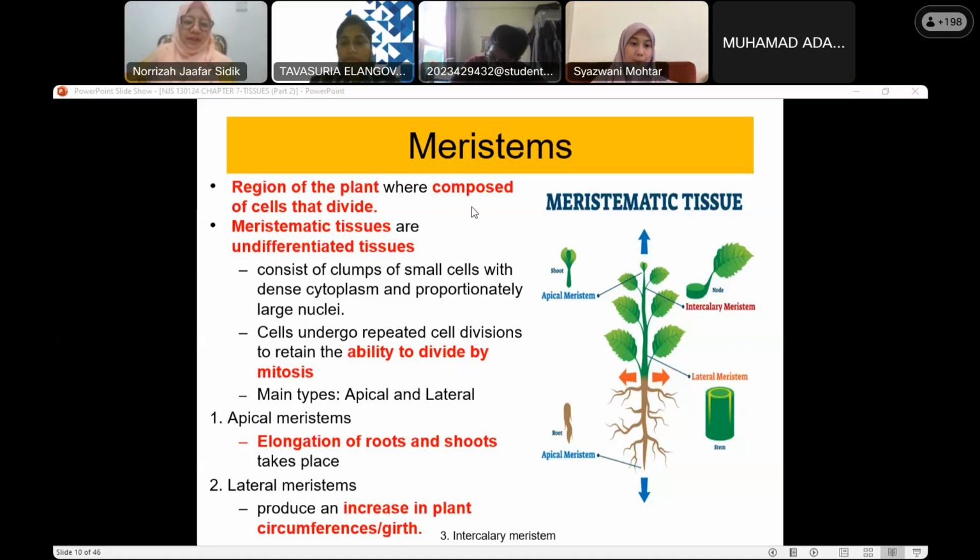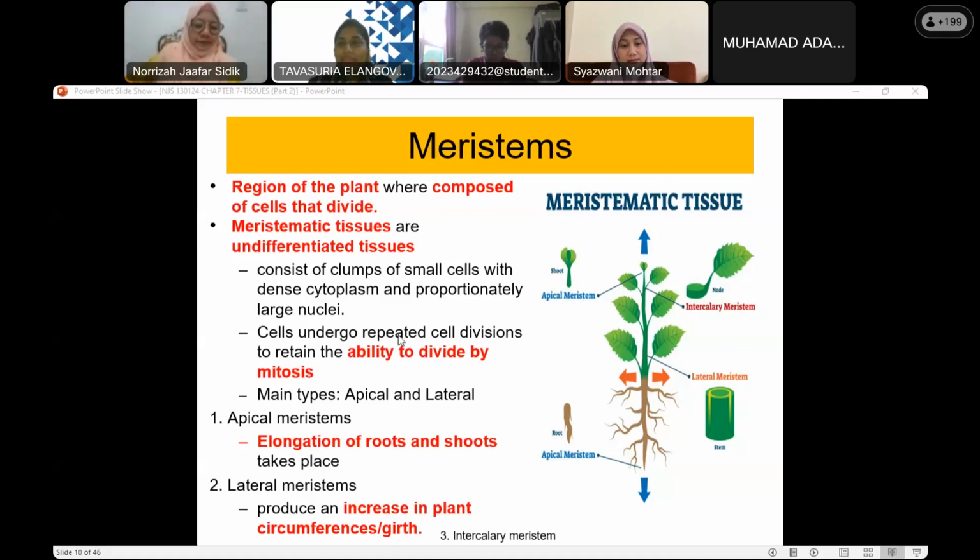These meristem tissues divide very rapidly. They have the ability to divide by the process of mitosis. I hope you still remember what the mitosis process is.